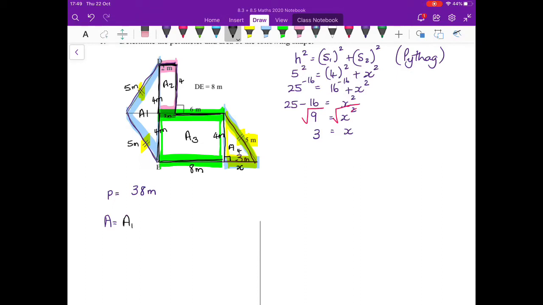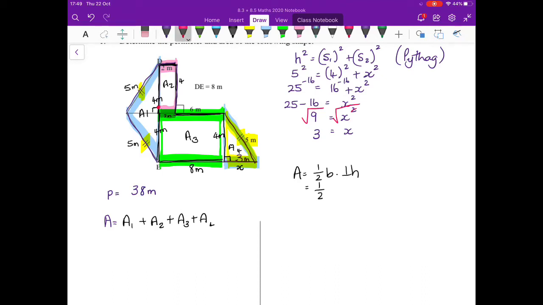So to find the area, I'd have to go area 1 plus area 2 plus area 3 plus area 4. My area 1 is a triangle, so area of a triangle equals half base times perpendicular height. Now remember, your right angle connects the sides that you have to multiply together.